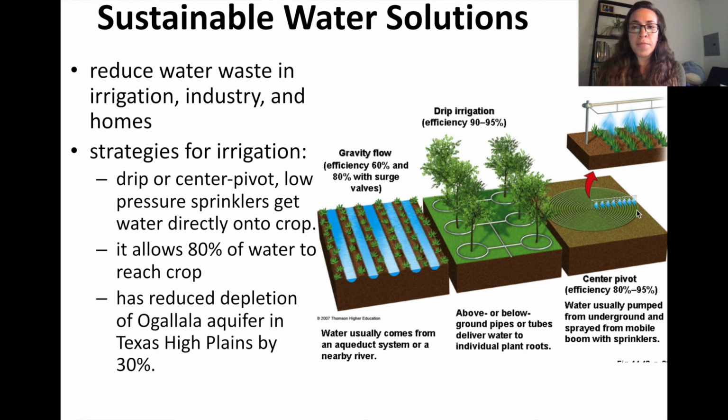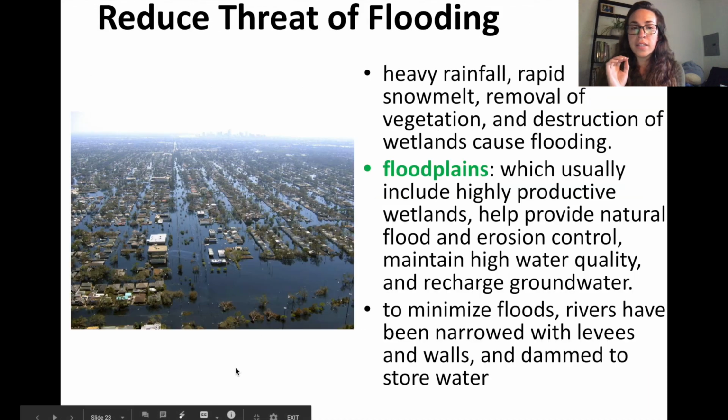And trying to move towards more sustainable sprinkler systems on farmlands to improve water usage and to use less water to grow the same amount of crops. So if we can get these practices going in the Ogallala Aquifer, maybe we can reduce depletion, and we certainly have seen depletion reduced by almost 30% since we started integrating more sustainable irrigation practices.